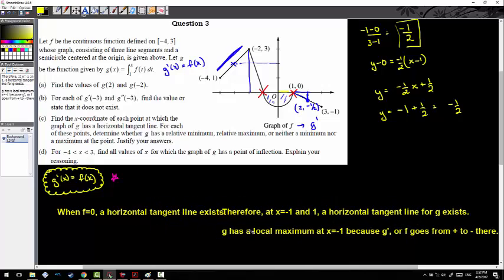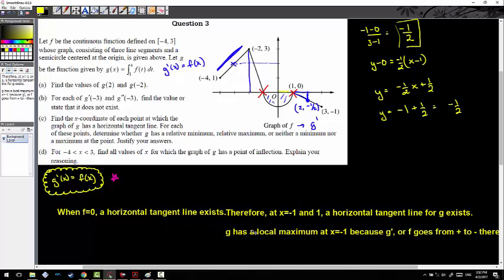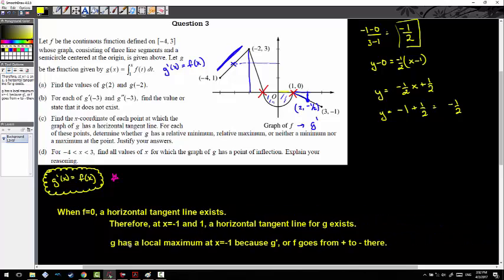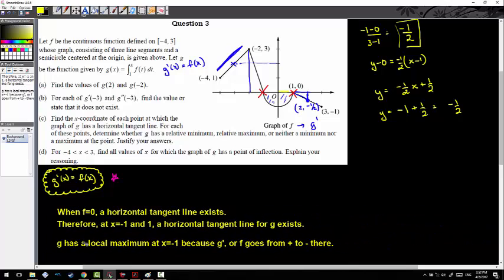Other iterations of the answer could have been the graph of f crosses the x-axis from positive to negative. There are many, many ways to explain that.